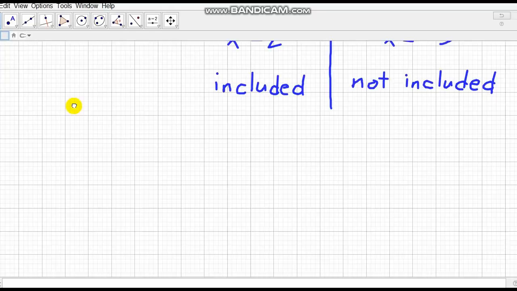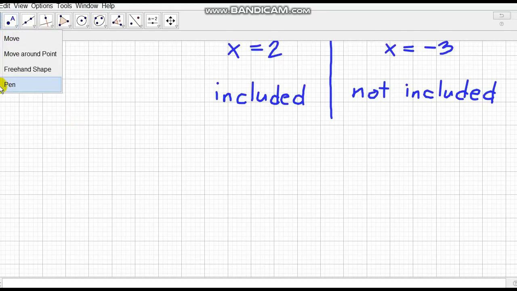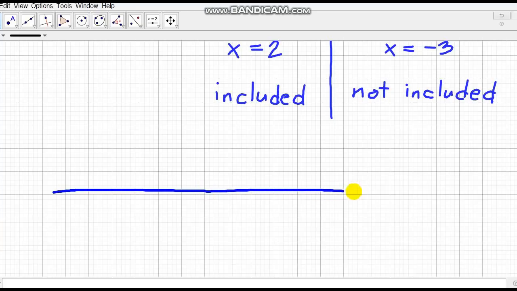Now, our next step is to create a number line. So this is our number line, and this is 0 right here. Let's write down the critical numbers. Let's say that negative 3 is right here to the left of 0, and 2 is somewhere here to the right of 0.